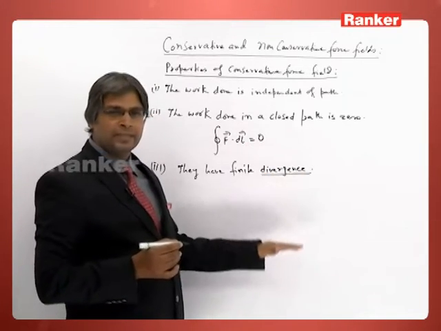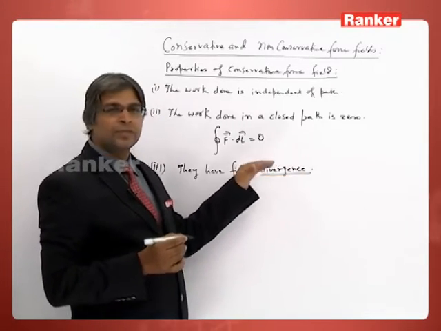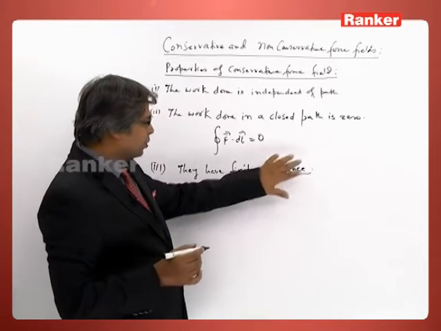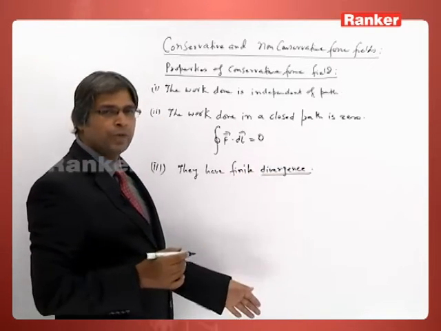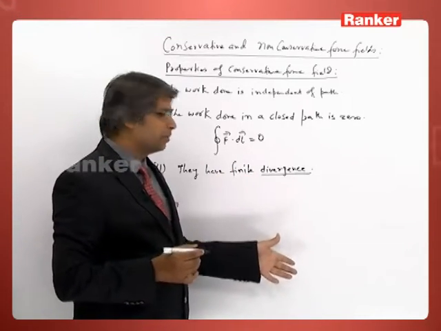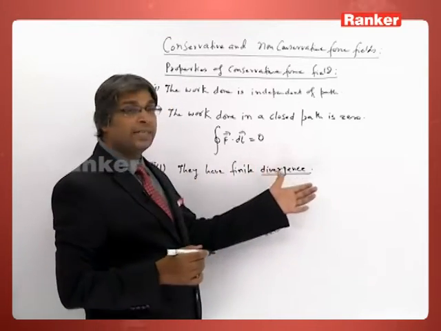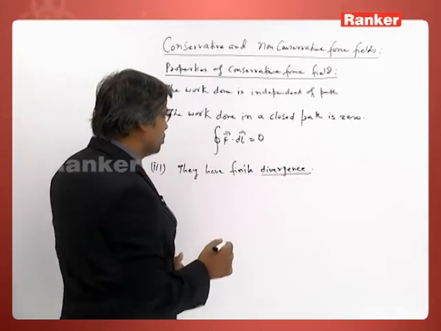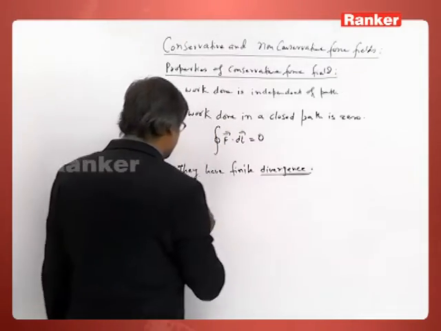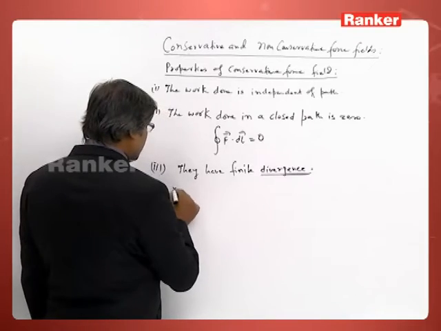Otherwise you can neglect it if you are preparing for just your board exam, CBSE board exam, so you can neglect this 3rd and 4th point. But for IIT advanced and mains, this is very important. So divergence, this term is introduced. So let us explain this point.